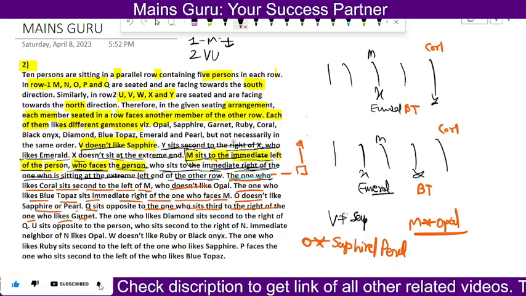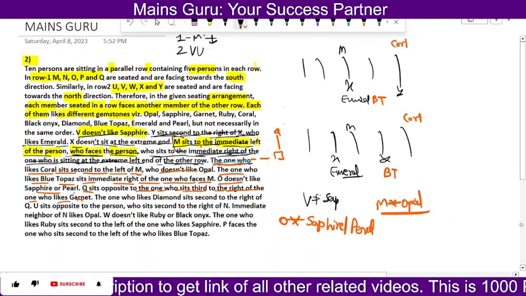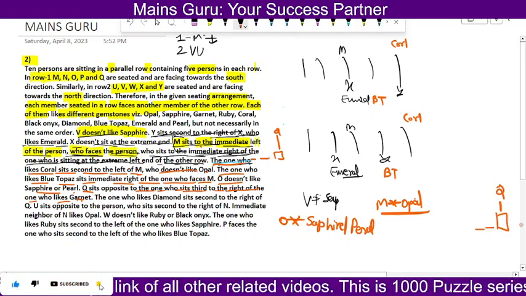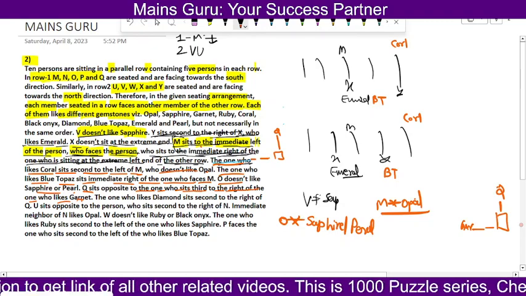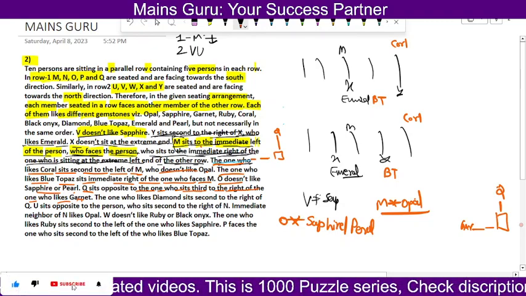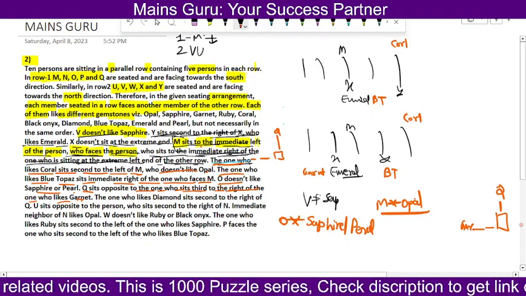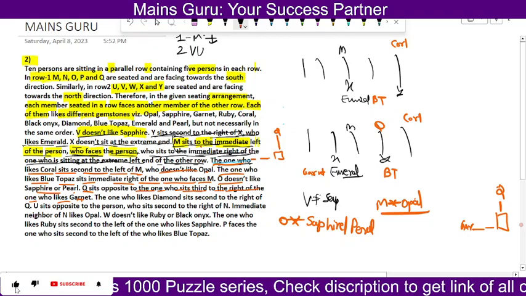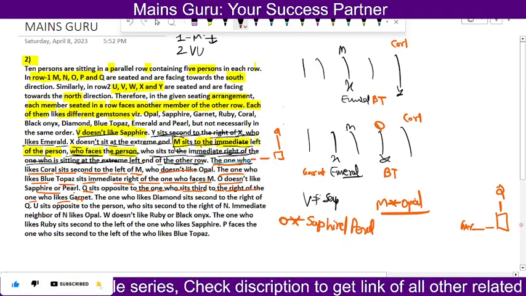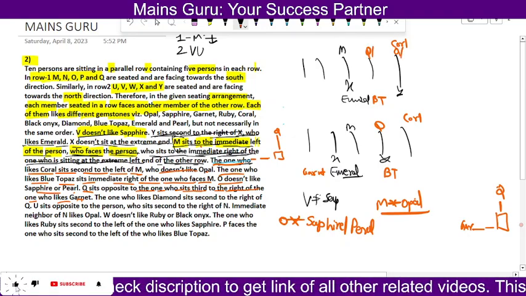I am zooming out a little bit. Suppose Q is here, then Q is facing the person who is third to the right of Garnet. So where can Q come? In this condition Garnet comes here only, and then Q will go here. But in this condition Q can come either here or here also, and Garnet will come accordingly. So we will just mark it like this only.